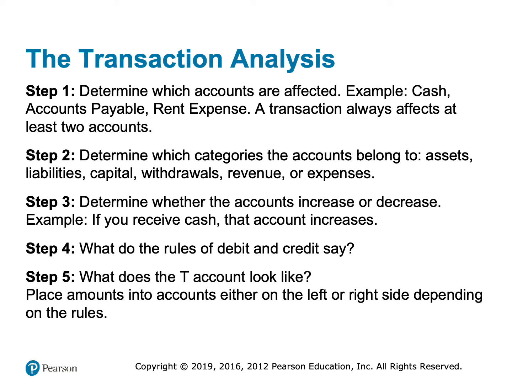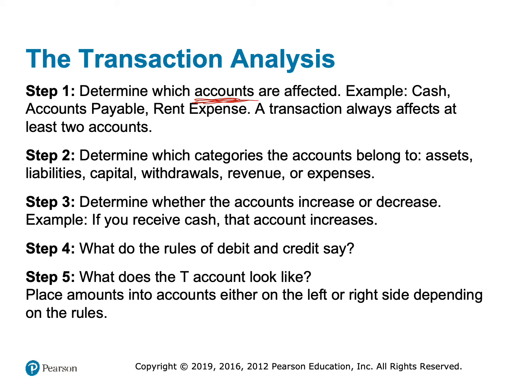So when we get ready to do a transaction, we're going to walk through these steps together on every single transaction that we do. But first of all, we're going to ask ourselves, what accounts are affected? And I want you to think about what specific accounts. So you don't want to just say assets, right? But specifically which assets? And then we're going to decide what categories those accounts belong to.